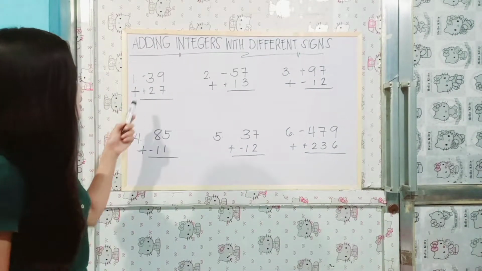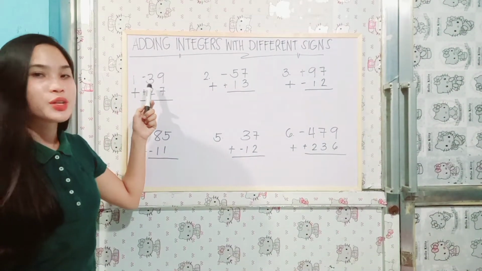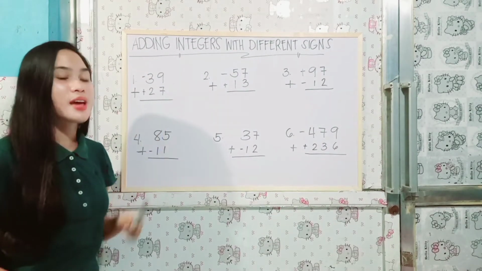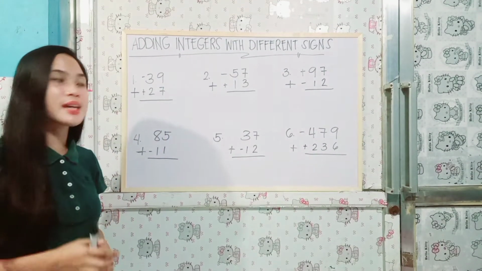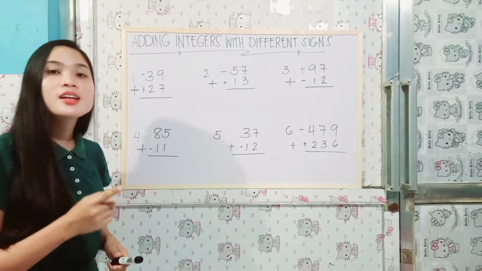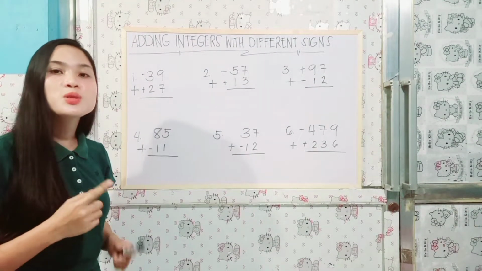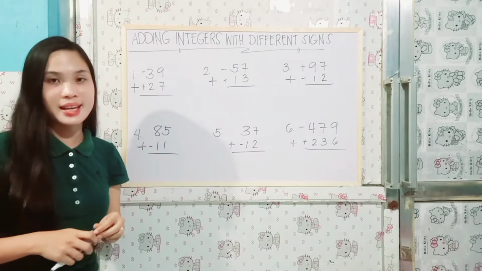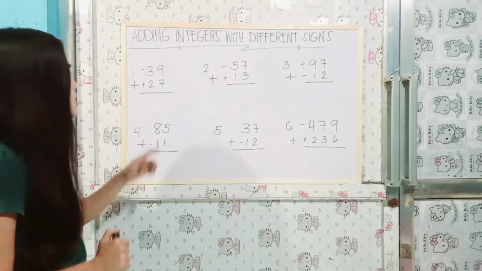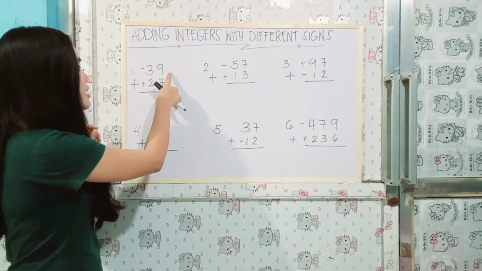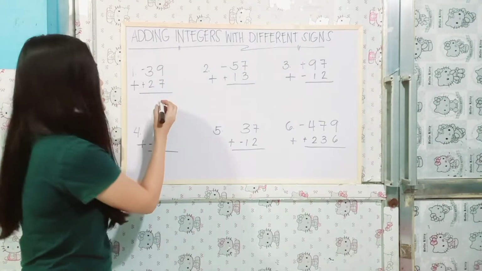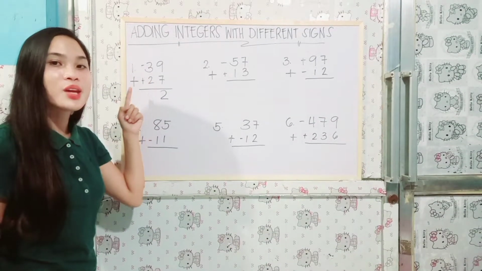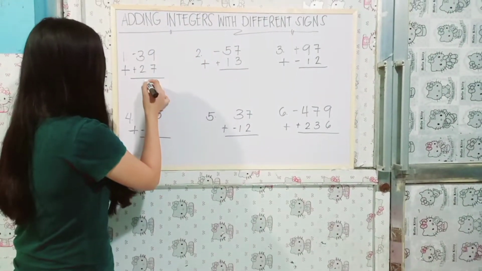So we have here negative 39 plus positive 27. Again, the rule says subtract their absolute value if they have different sign. Okay, so let's proceed to subtraction. 9 minus 7 is 2. 3 minus 2 is 1.